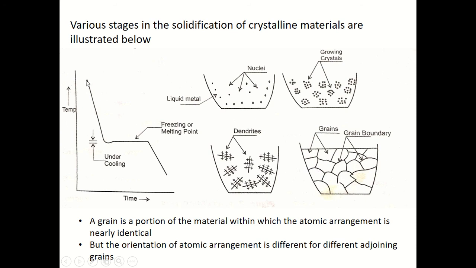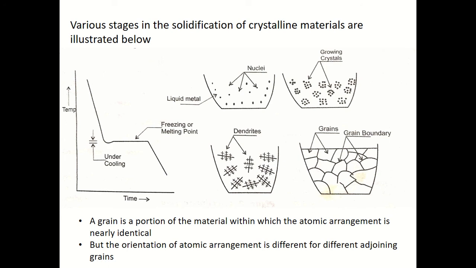As the temperature of the molten metal is brought down, the solidification process begins. Now you can see a small well, or a small crater-like shape. This is nothing but the undercooling, which is done to drive the solidification process.